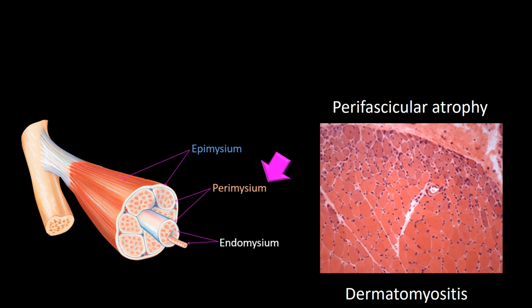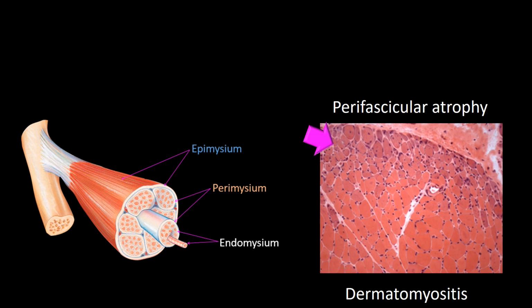I hope you have chosen the correct answer because of remembering that in dermatomyositis, the perimysium is involved. Hence, the fibers close to the perimysium are most affected.